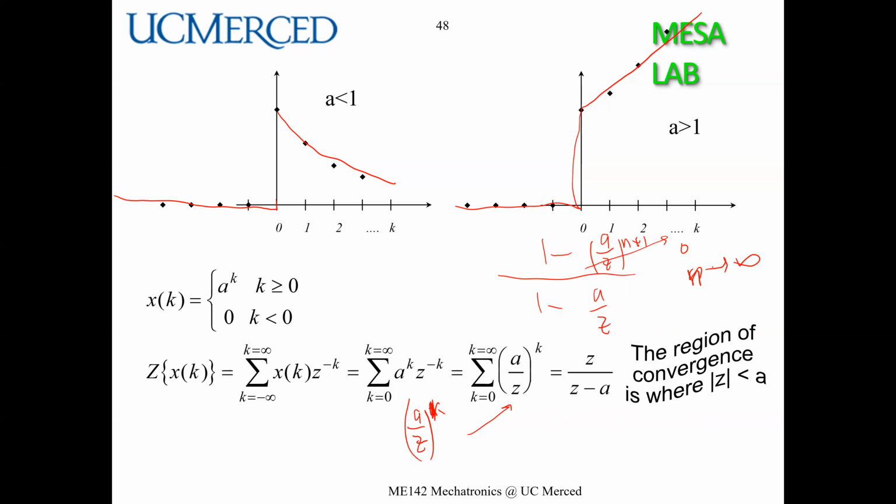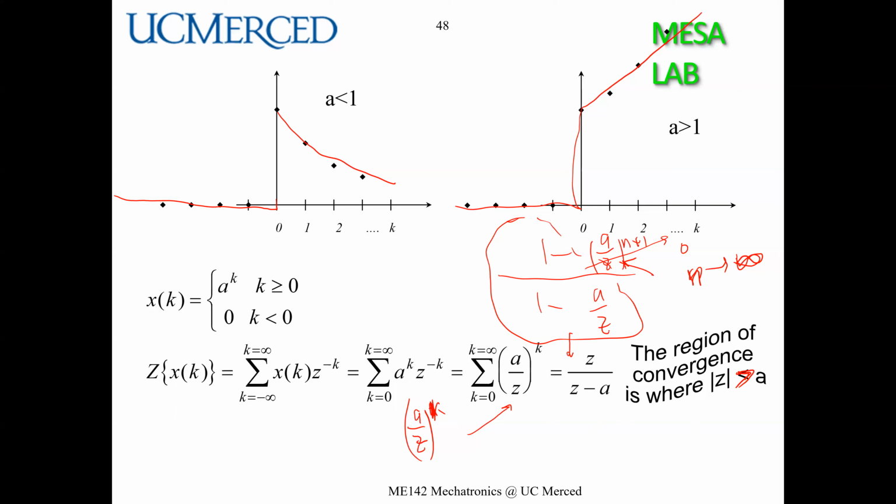Again, this is wrong. It should be z greater than a, so that this is less than 1, and anything less than 1 to the power of infinity is 0. So then you basically have this one left, and this one will give you this. So that's where we stopped last time.